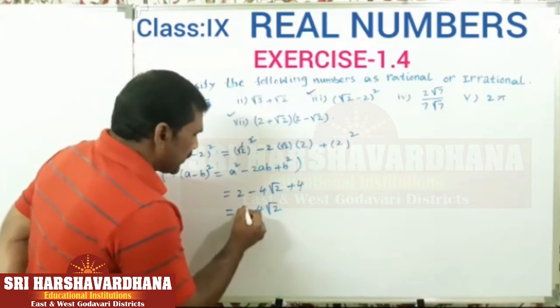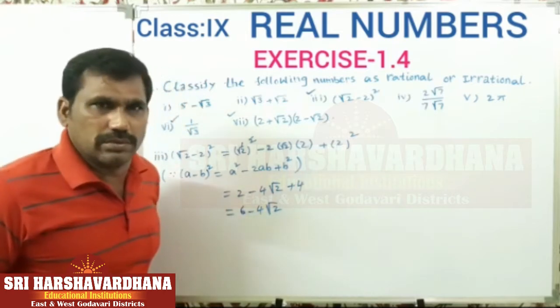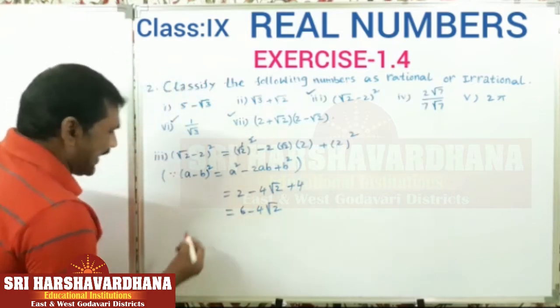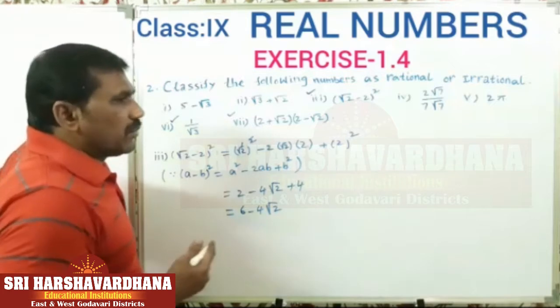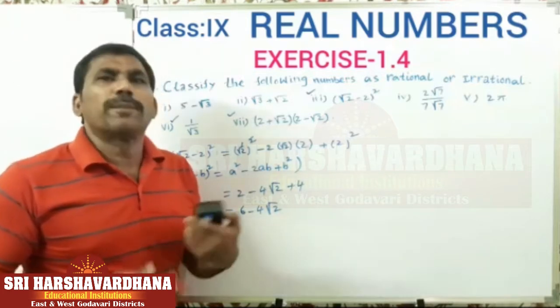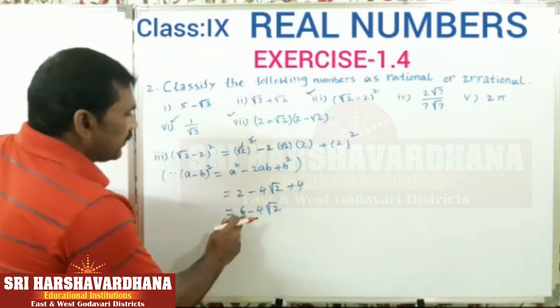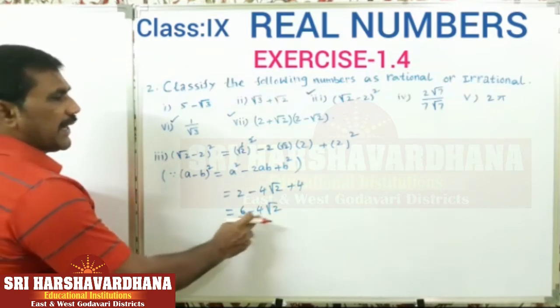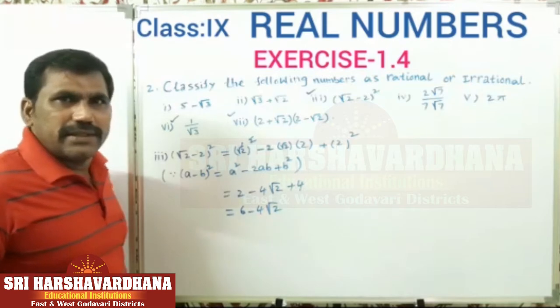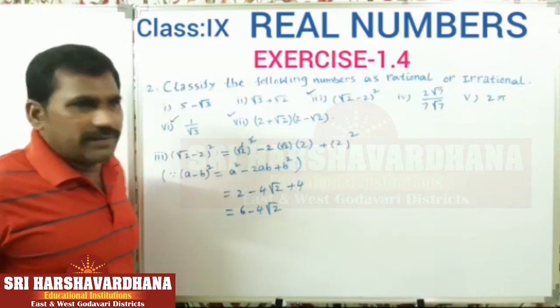6 minus 4 root 2. See here, already we have learnt in properties of irrational numbers, the difference of a rational number and an irrational number is an irrational number.